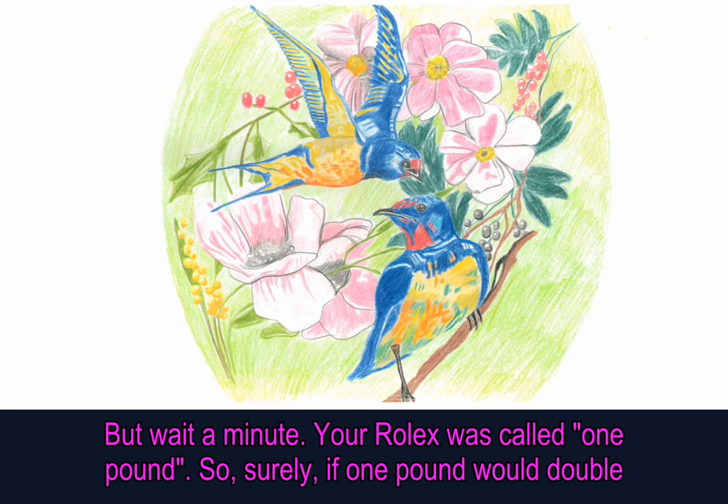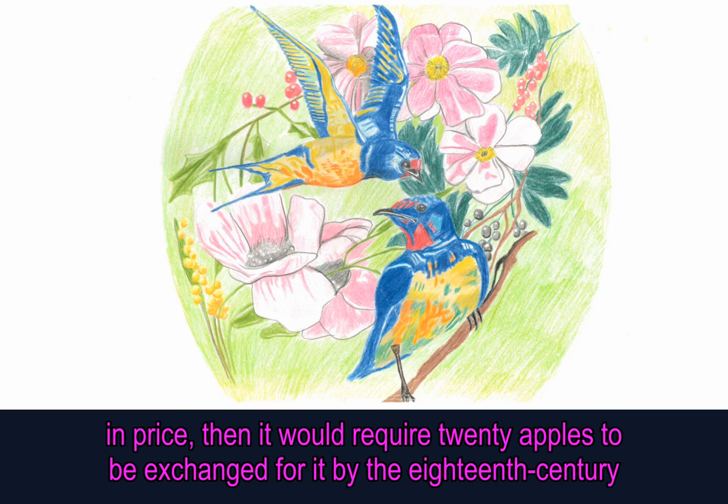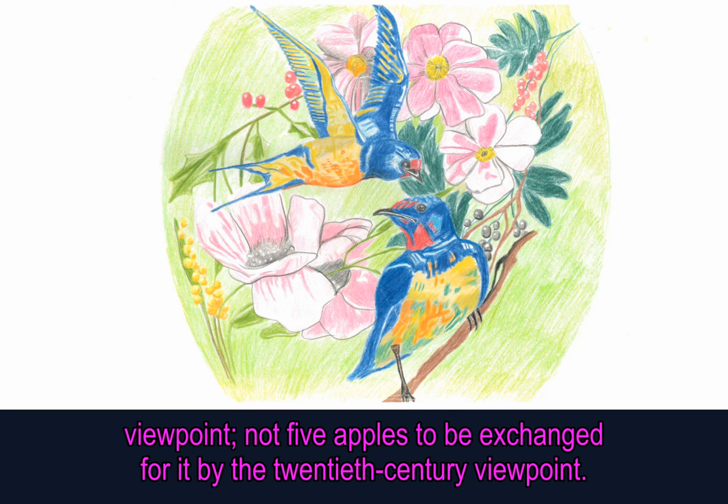But wait a minute, your Rolex was called £1, so surely if £1 would double in price, then it would require 20 apples to be exchanged for it by the 18th century viewpoint, not 5 apples to be exchanged for it by the 20th century viewpoint.